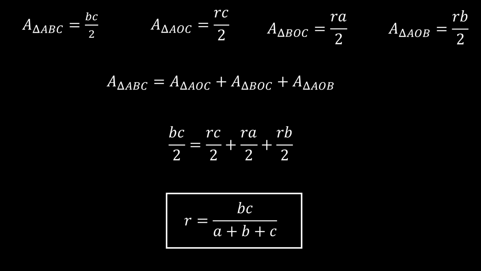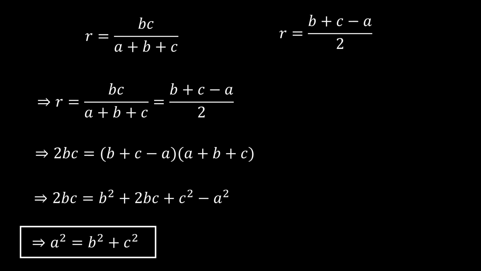Substituting everything in terms of the sides A, B, C, and the radius r, we then achieve a simple expression relating all of the given sides and the radius. This expression is easily solved for r. We now find a second formula for the radius of the inscribed circle.